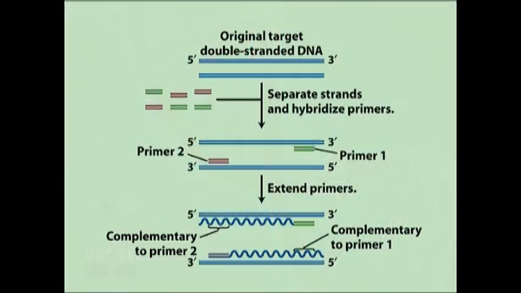In each PCR reaction, in the first step, the DNA is denatured. The two helical strands are separated at 94 to 95 degrees Celsius, exposing the sequences to be copied. This is followed by primer annealing at temperatures of 45 to 65 degrees Celsius to enable the DNA polymerase enzyme to start copying in the extension step at 72 degrees Celsius.